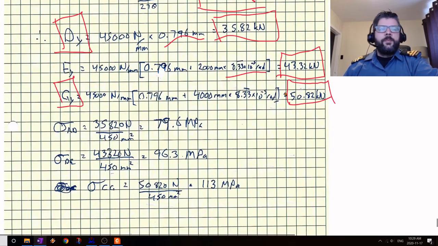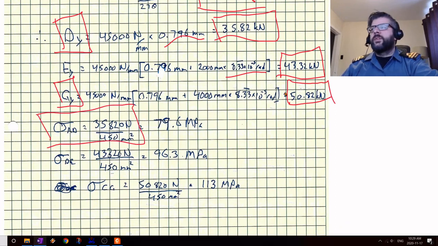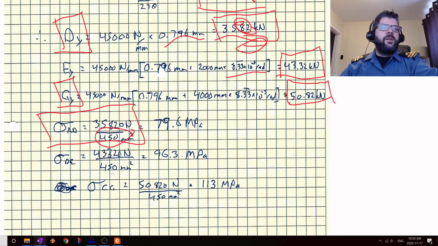And then once we've got that, it's relatively straightforward to solve for our stress. Just this value here divided by our cross-sectional area. The cross-sectional area for each of the bars was 450 millimeters squared. So just take what you had here, divide by that, and it'll give you this.